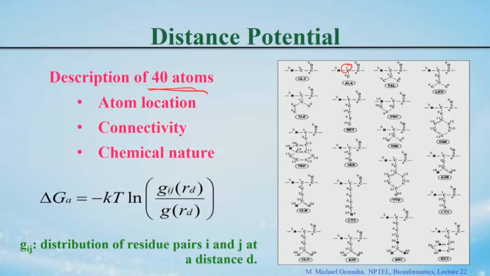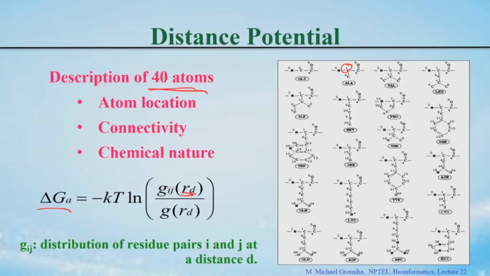So what is the chemical nature? Where this atom is located and where it is connected. So we have 40 different atom types. Now for all these 40 types of atoms, we can calculate the distance potential using the preference of residue pairs, for any specific residues, alanine to valine, alanine to aspartic acid.